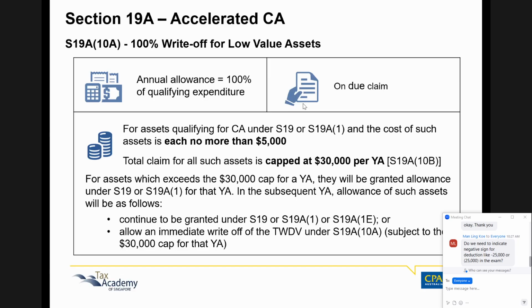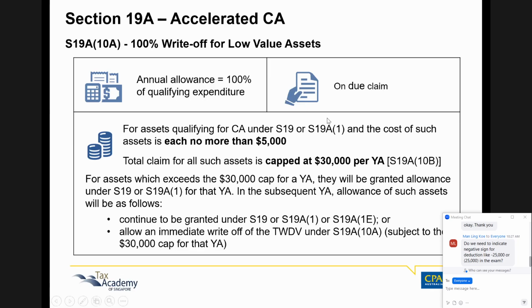Your next asset is $1,000. If you claim that asset, you will exceed that $30,000, so you cannot claim it here. Just claim the asset under other capital allowance, which can be on the 2 years or 3 years. So this is what it's trying to say. Anything that exceeds that cap, you can still claim all these small value assets under the other CA part.